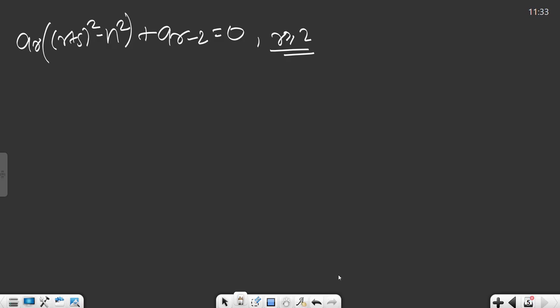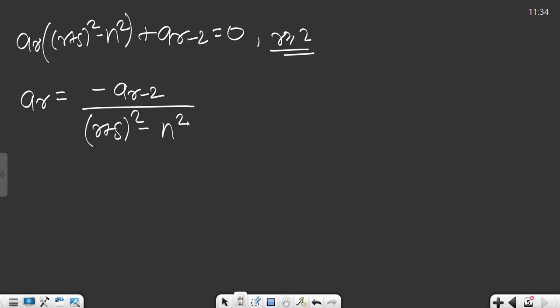So we are not talking about the less than 0 terms, and if we have any less than 0 terms, that is basically 0. So if you calculate for a sub r, that gives us negative of a sub r minus 2 over r plus s whole squared minus n squared.